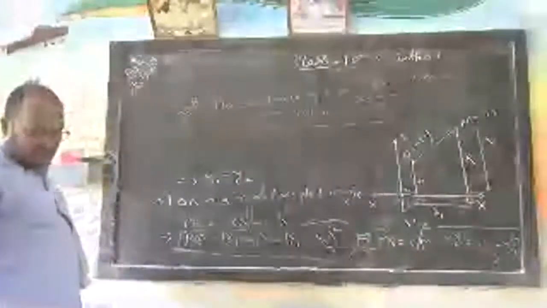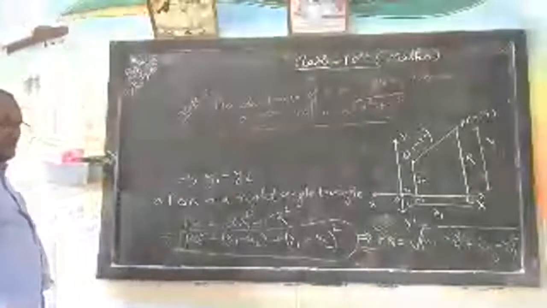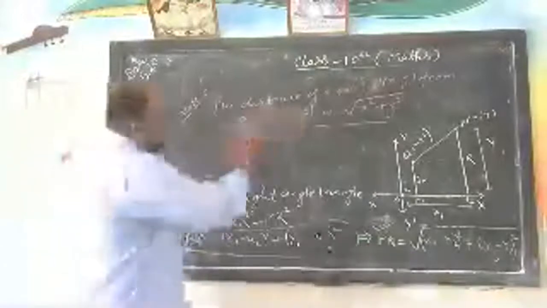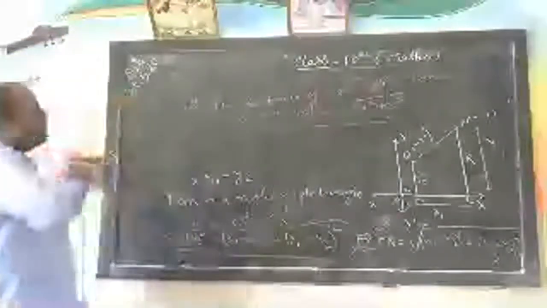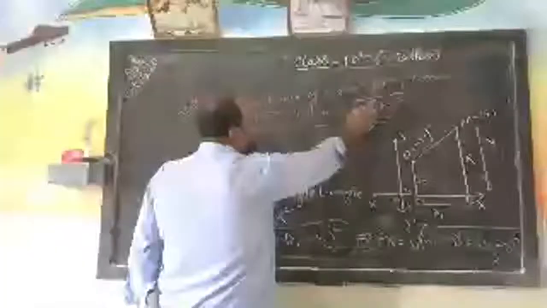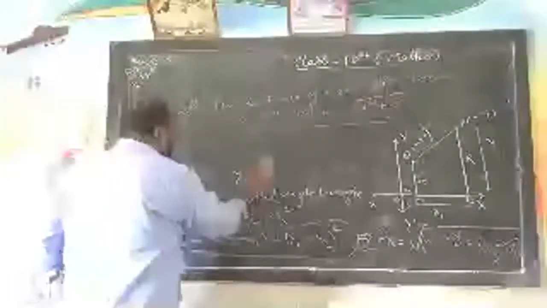This is the special condition. If you want to find the distance between the origin and any other point, the distance will be this.